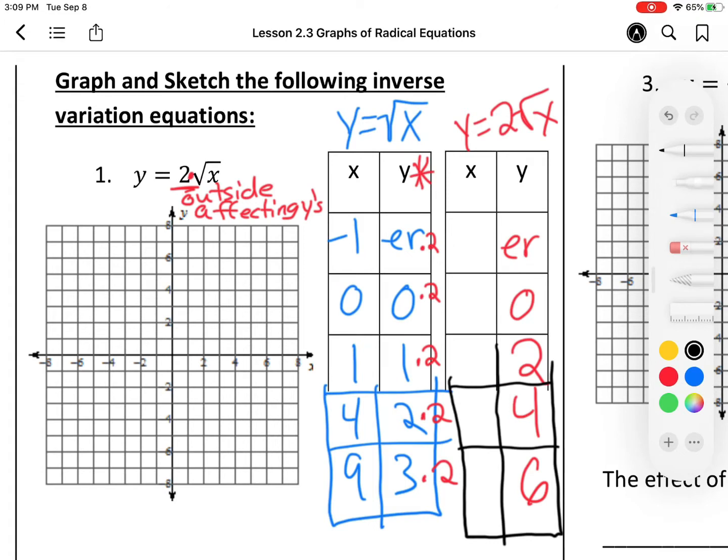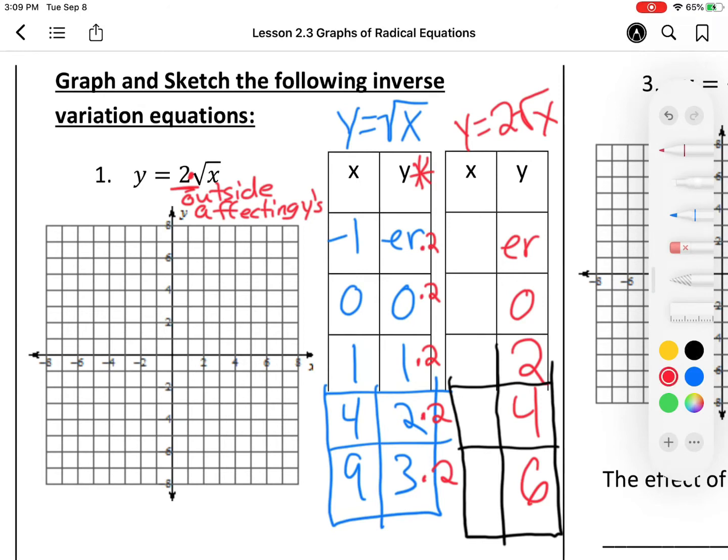So fill in our x values. They are no longer -1, 0, 1, 4, and 9 for sure. We've got to look at it and say, okay, is there anything on the inside with the x that would affect our x values? There isn't.